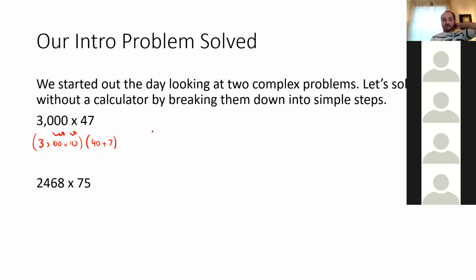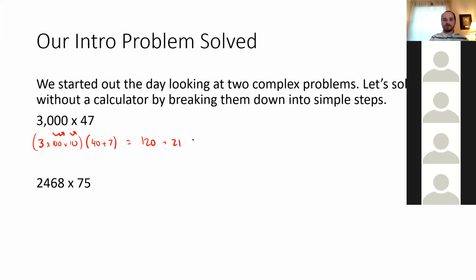What is 3 times 40? 120. What is 3 times 7? Just 3 times 7, not 3 times 70. Yeah, 21.